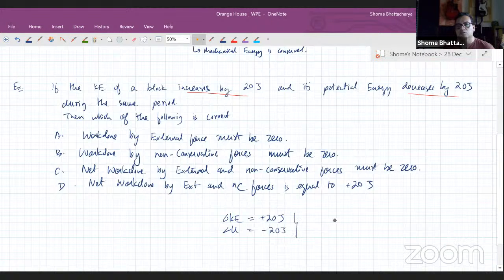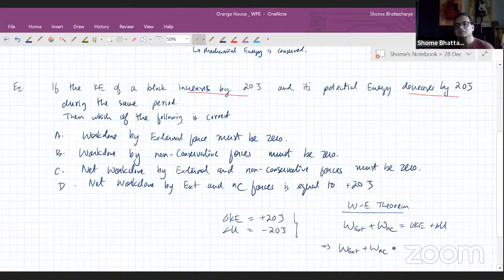Okay, so now when you apply the work energy theorem, the work done by external forces plus work done by non-conservative forces is equal to the change in kinetic energy plus the change in potential energy. So the only thing we can say for sure here is that this quantity is equal to 0.